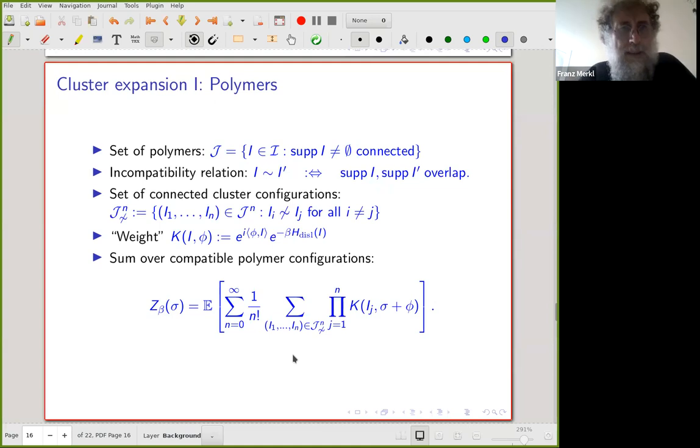Okay, so the next step is a cluster expansion in the polymers. Let me review a little bit the theory of cluster expansion in polymers, which we use here.